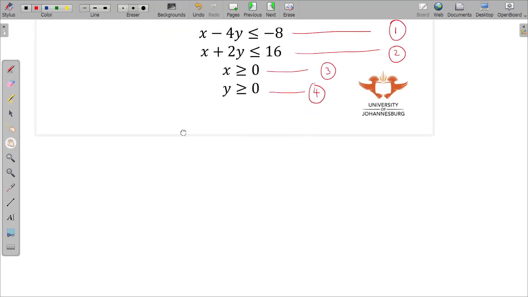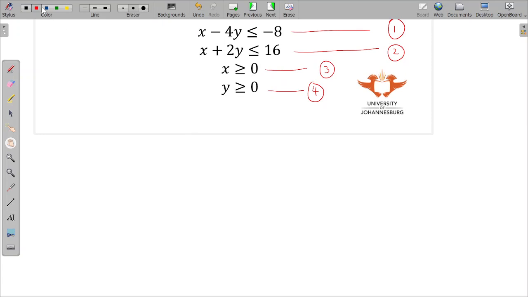The way we did the other one, the equation for inequality 1 is x minus 4y equals minus 8. Okay, that is the equation for inequality 1.